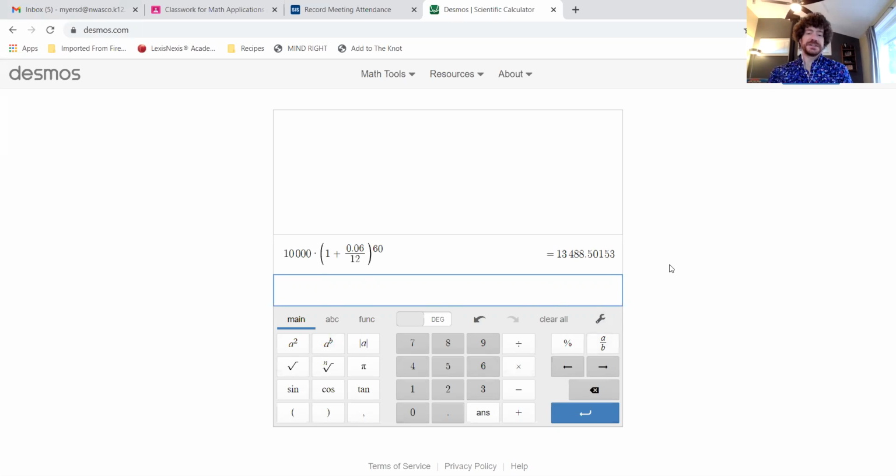So you should have $13,488.50 in the account after 5 years. Now, if we want to figure out the interest amount, just subtract the new amount minus the original, and there we have $3,488.50 for the interest earned over those 5 years. So switch it on back to the document camera. Then we've got a couple quick problems to do after that. Then we'll call it a day.